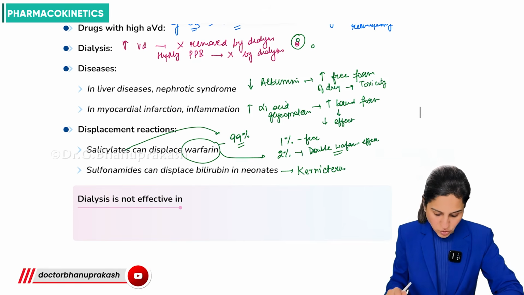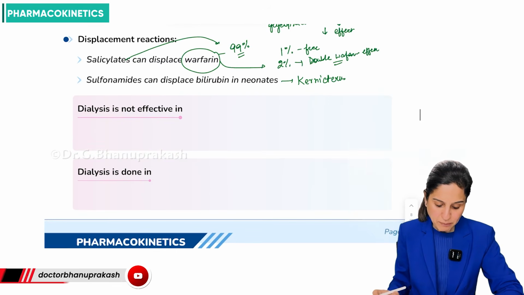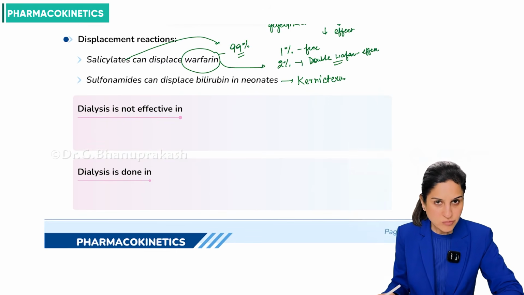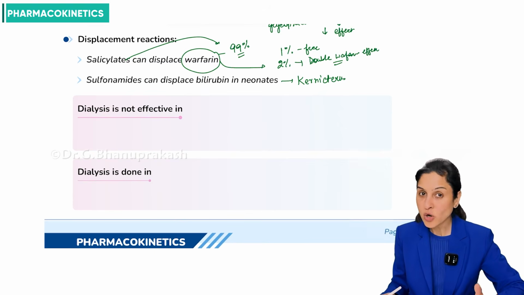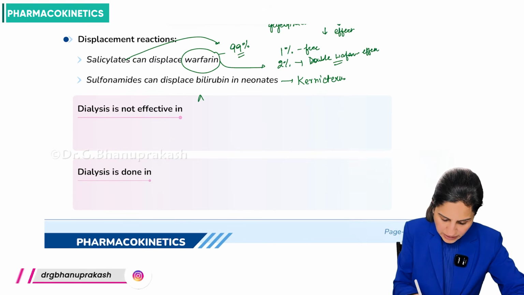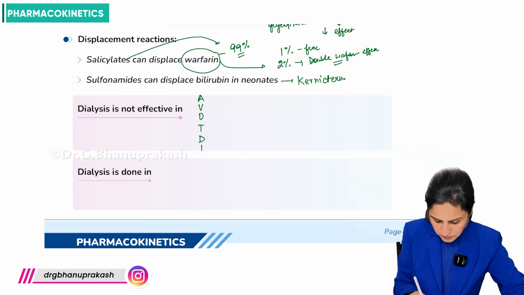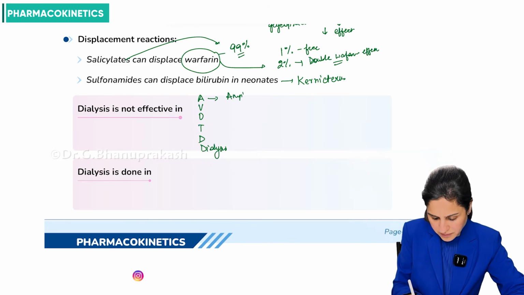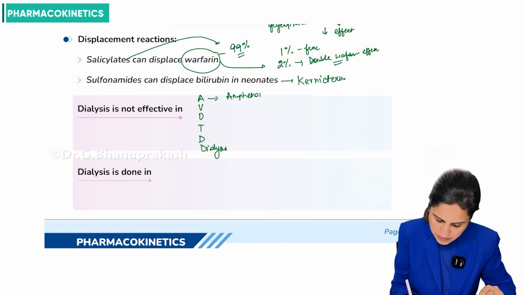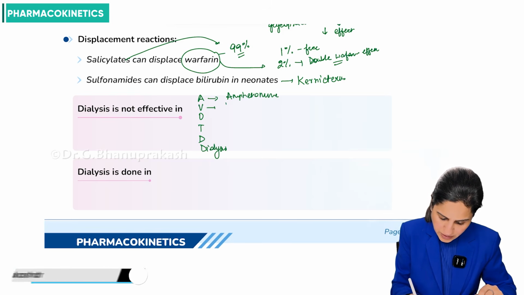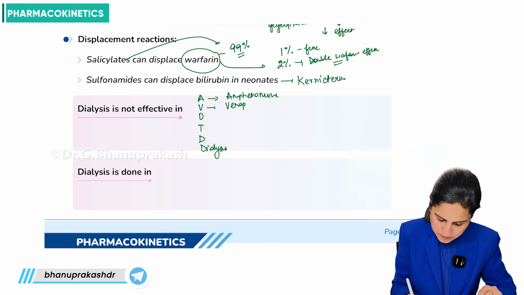Alright. So let's do some examples of the drugs which are not removed by dialysis, or where dialysis is not effective. So remember, in the mnemonic, avoid dialysis. Avoid dialysis. So this means amphetamines, verapamil, opioids.